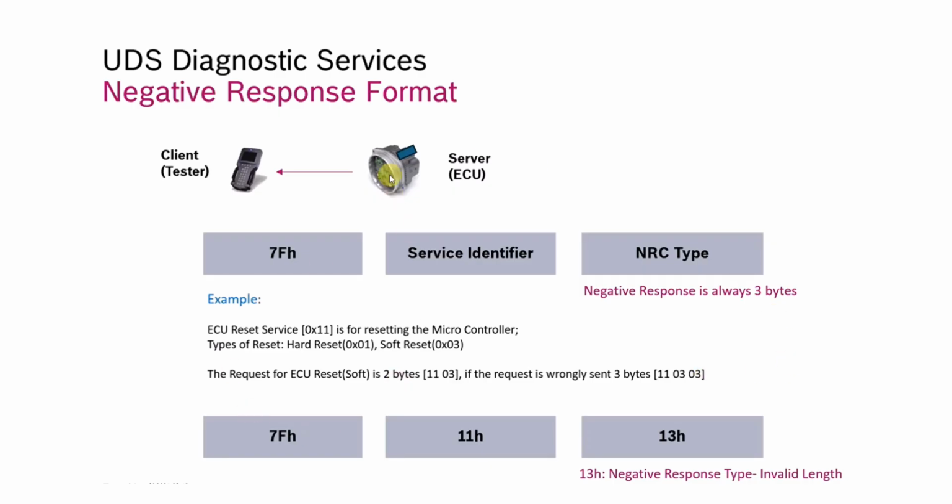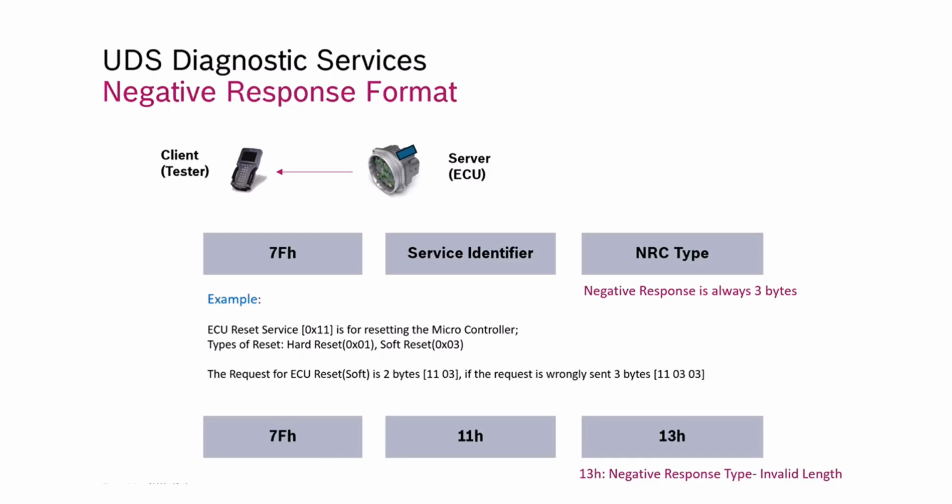For that, the server should respond back with an NRC negative response like this: 7F followed by 11, the same service we requested. And what was the reason? 13H. Here 13H is invalid message length or something.